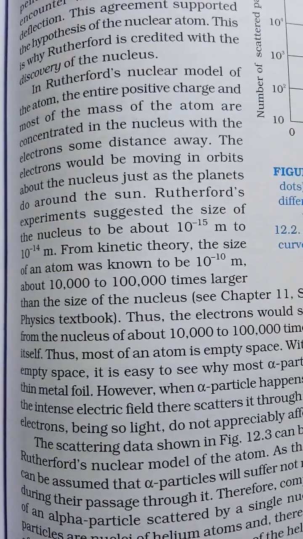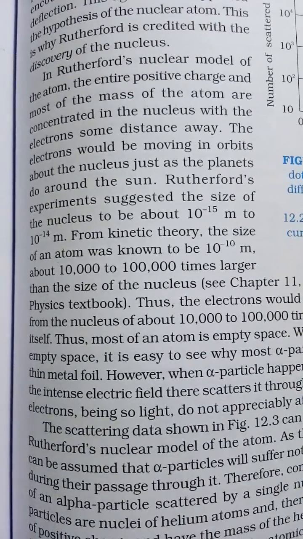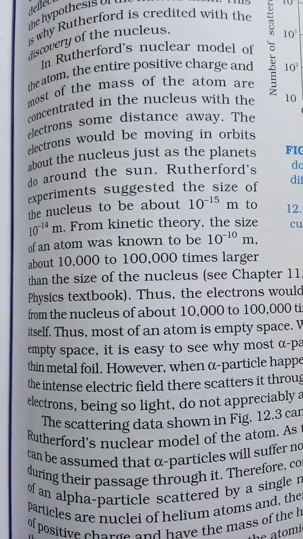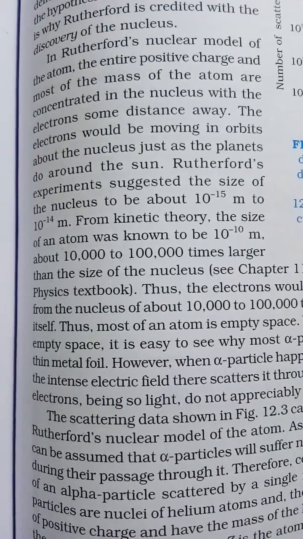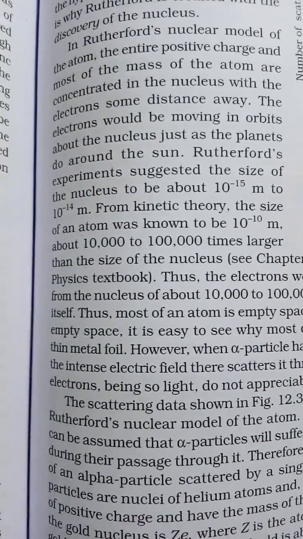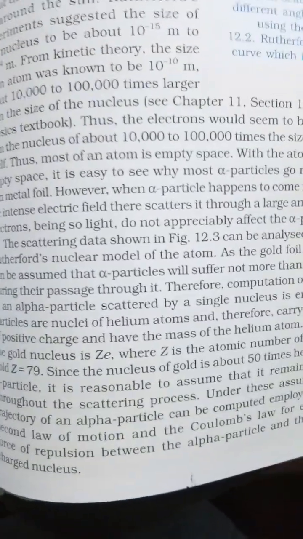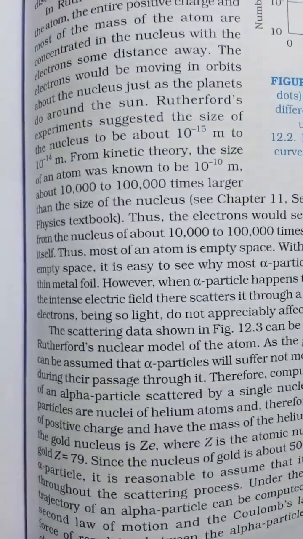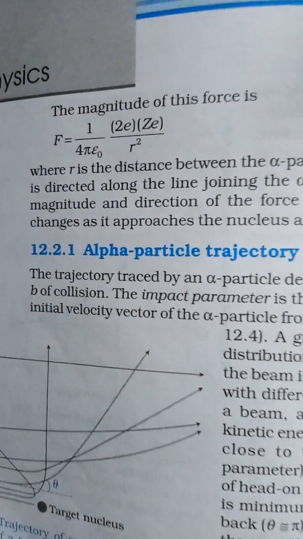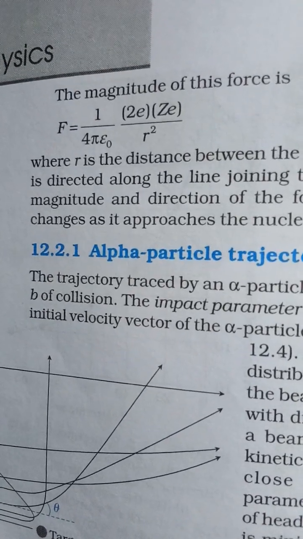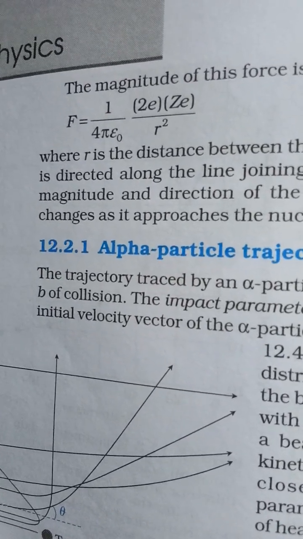The leftover is here in Rutherford's nuclear model of the atom. The entire positive charge and most of the mass of the atom are concentrated in the nucleus, with the electrons some distance away. We will discuss these matters in the next video. The other page is here. The magnitude of this force is F = (1/4πε0)(2Ze²/r²).